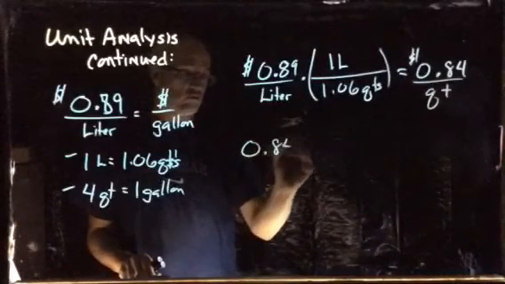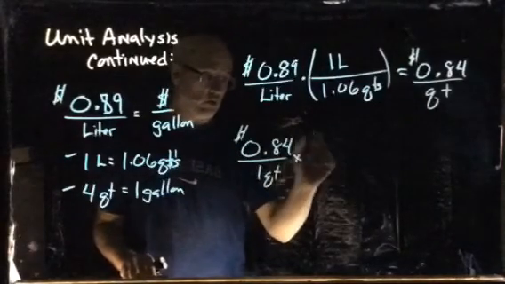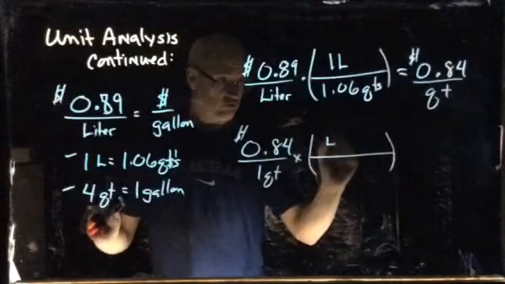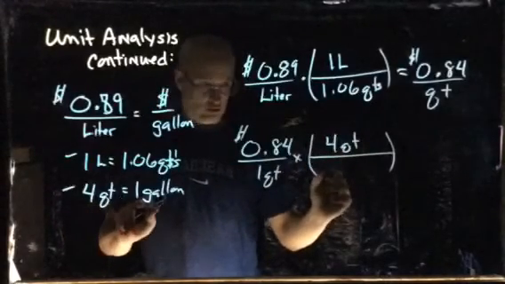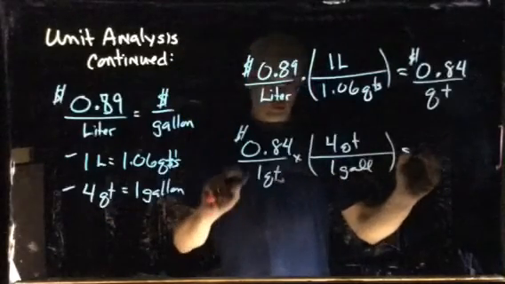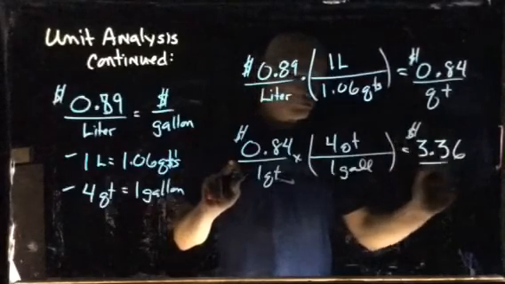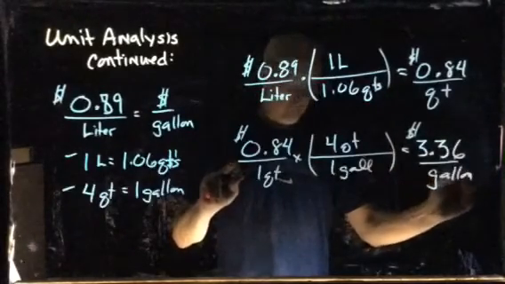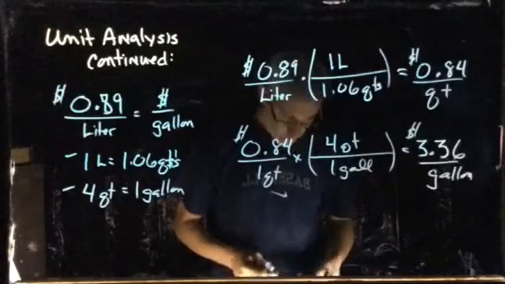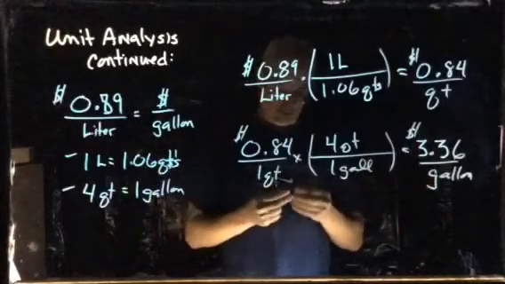So if we have 84 cents per 1 quart, now we can convert quarts to gallons. We know from this step there is 4 quarts in 1 gallon. So we take that times 4, we get $3.36 per gallon. Go back to sig figs. Well, money, we always go to the hundredths anyhow.